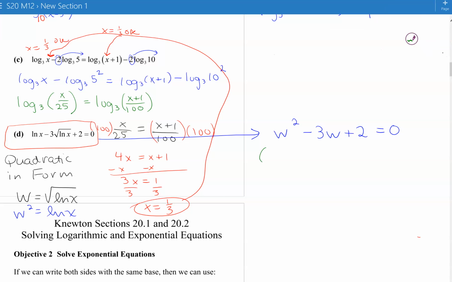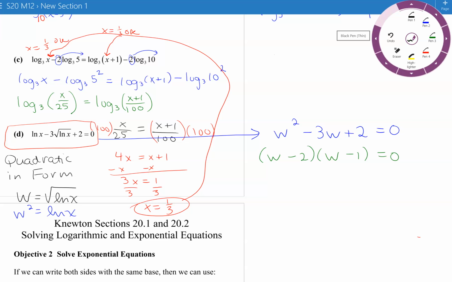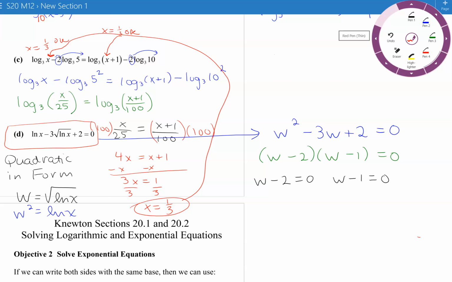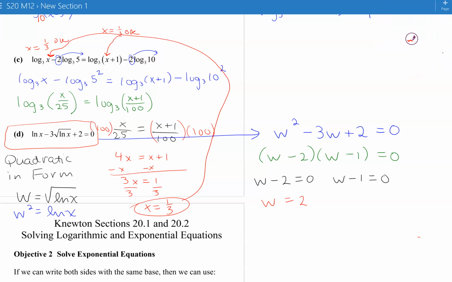So then this is not too bad to solve. We'll have w minus 2 and w minus 1. So then I use my zero product property. Say either w minus 2 is 0 or w minus 1 is 0. So that gives me two possibilities. Either w is 2 or w is 1.